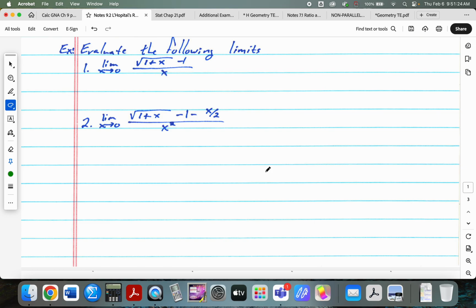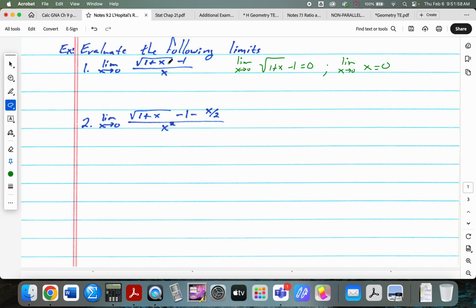So let's take a look at some limits. Before doing L'Hopital's rule, you always want to check what is the limit of the numerator and the limit of the denominator. So here, the limit as x goes to 0 of the square root of 1 plus x minus 1 is indeed 0. And the limit as x approaches 0 of x is 0. Both numerator and denominator go to 0 as x goes to 0.